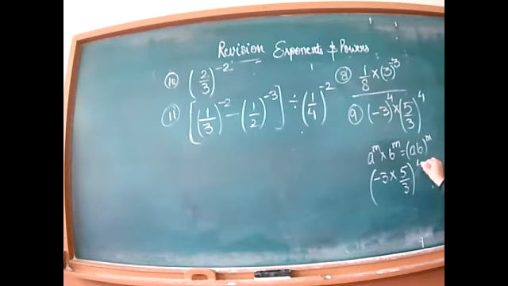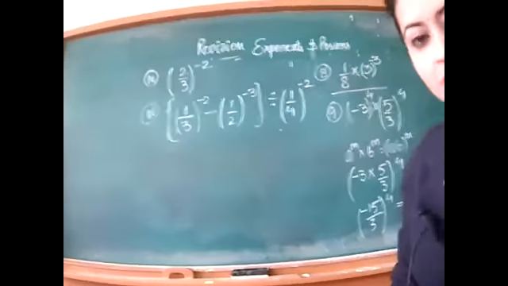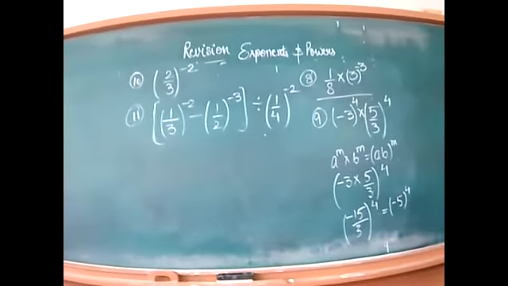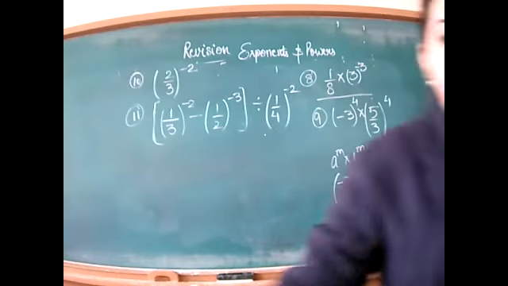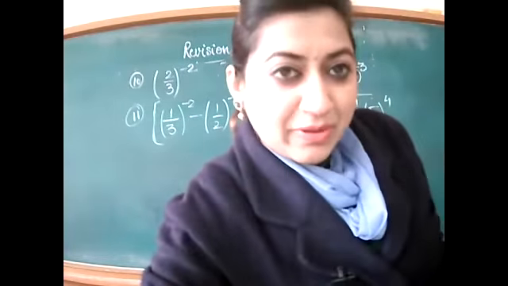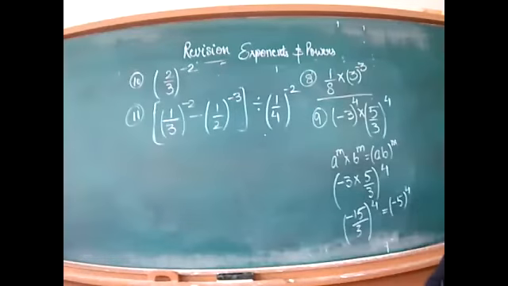That will be equal to -15 by 3, and when we divide, it will be equal to -5 raised to power 4. If the question is of simplification, then what will be the answer?